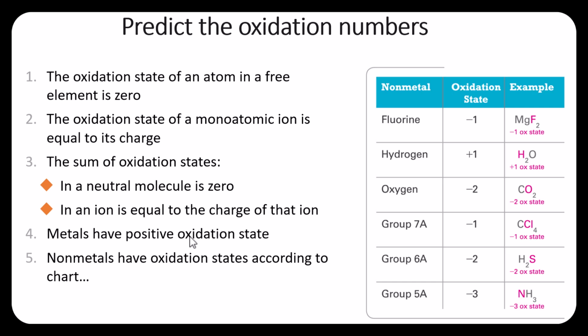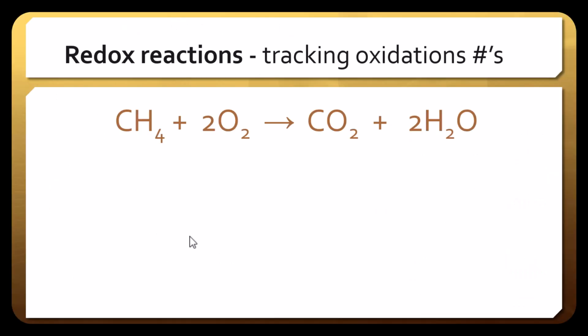So we're going to look at a redox equation, and we're going to identify where the reduction and where the oxidation takes place. Here's the chemical reaction that we're going to look at. The first thing we're going to do is take inventory of the atoms that are present, and then look at their oxidation numbers or states on either side of the reaction arrow.